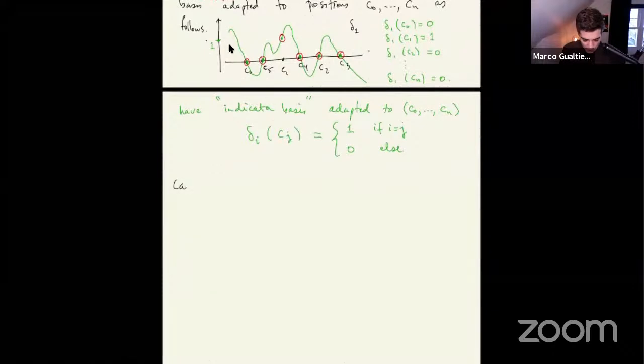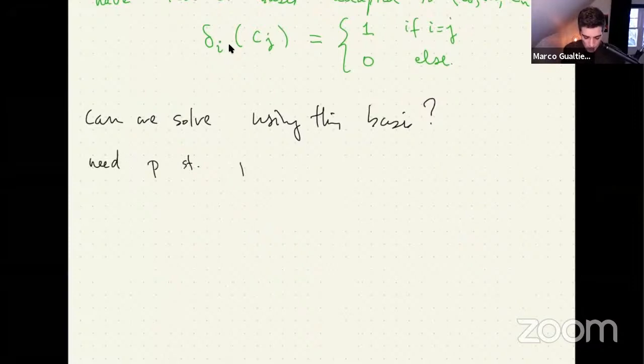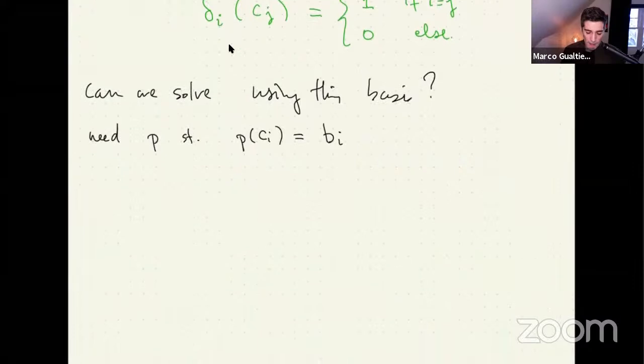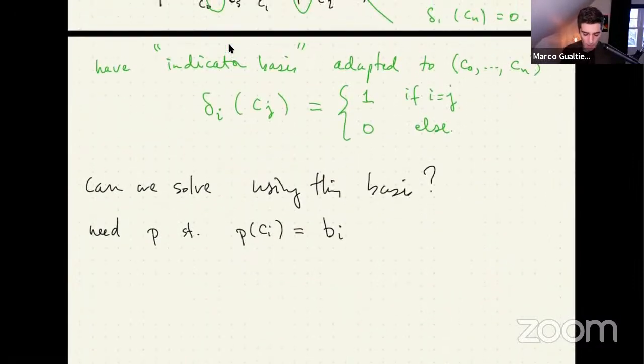Okay, so can we solve this using this basis? We need a polynomial such that P of Ci is equal to Bi. If I have to solve this problem, I'm looking at it, and I have a polynomial whose value at Ci is equal to 1.